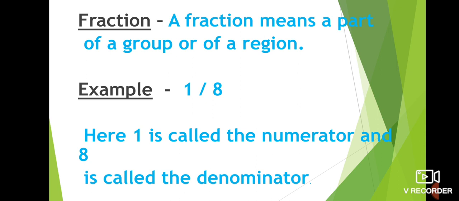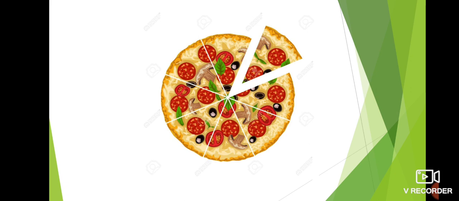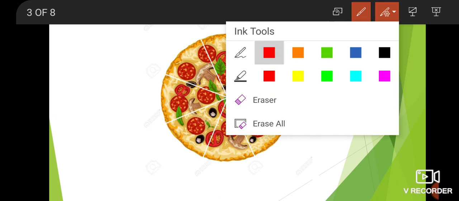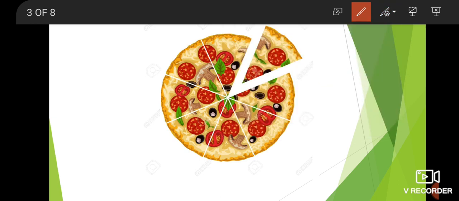So for an example, here we have an image of a pizza, and this is a piece which is taken out from the pizza, and now we want to find the fraction of that piece. For this we will count the total number of pieces.